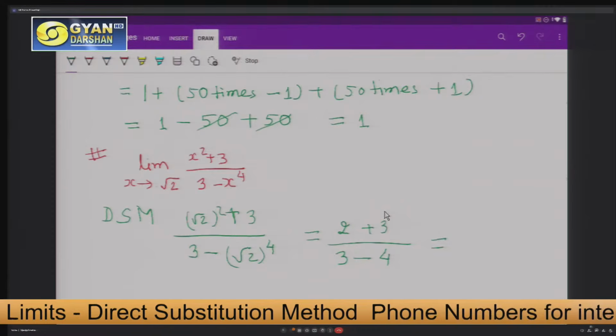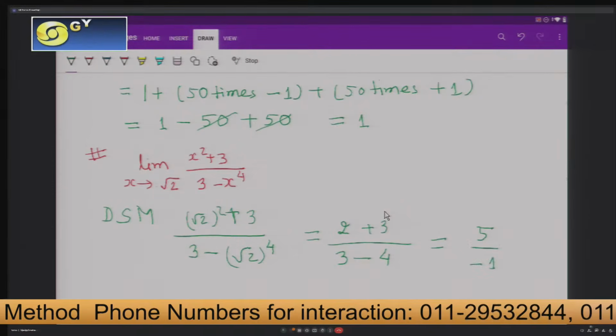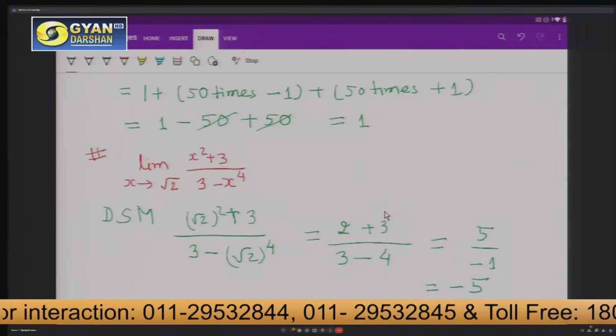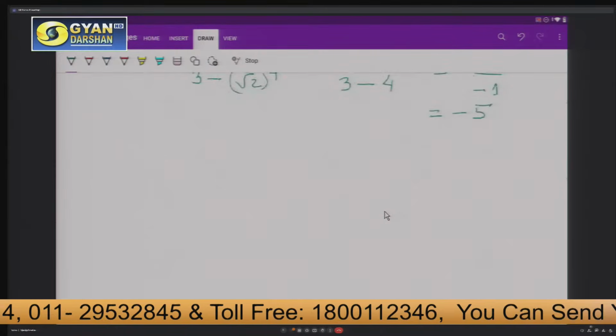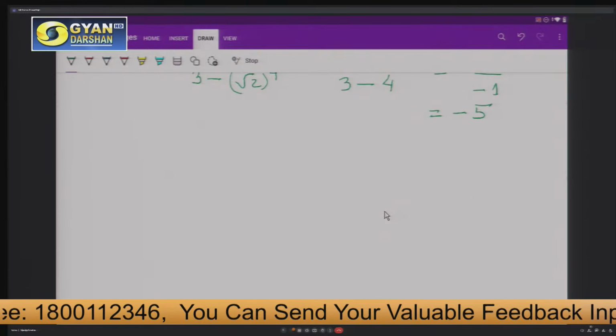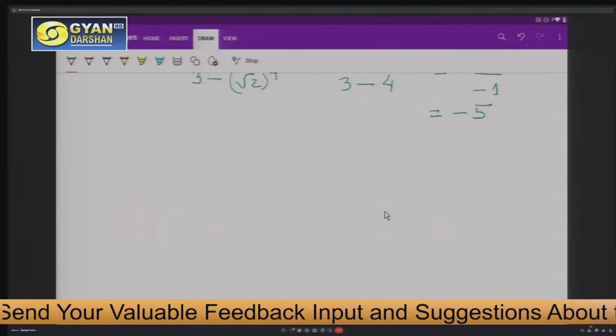So it will be 5 divided by minus 1, which is equal to minus 5. Okay. Now let us take one more example.